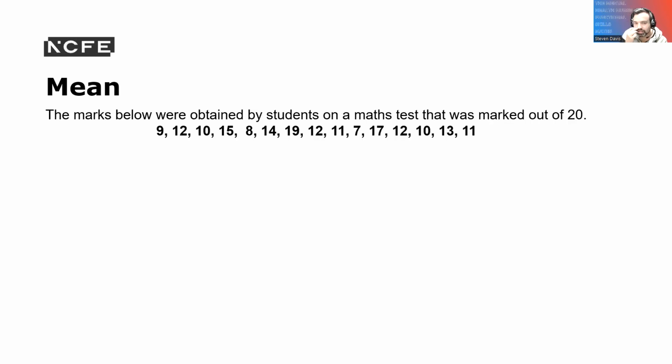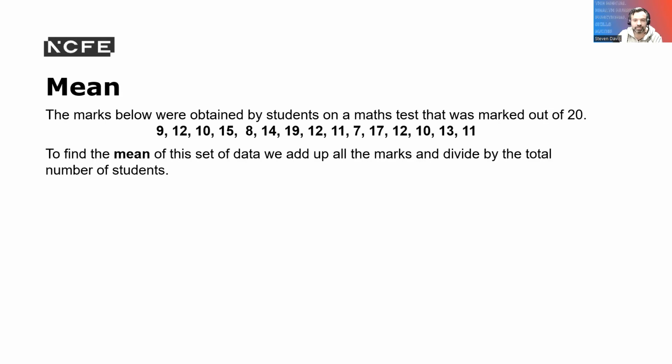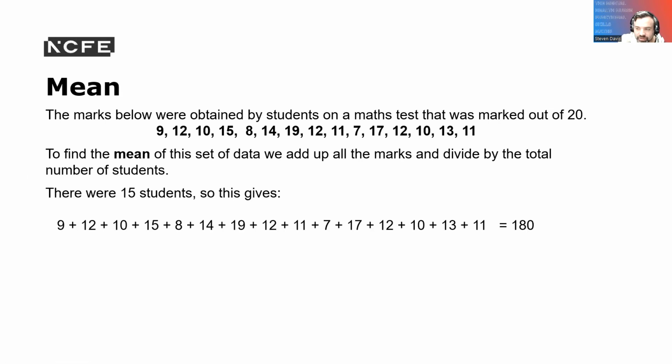So, mean. The marks below were obtained by students on maths tests. This was out of 20. To find the mean of the set of data, we add up all the numbers and divide it by the total number of students. There are 15 students.